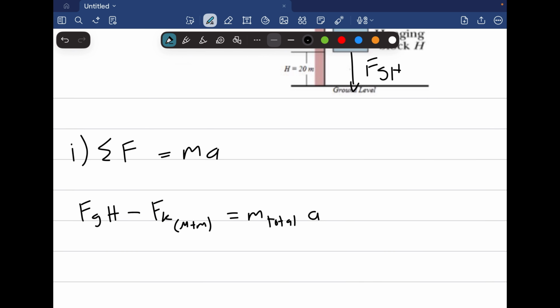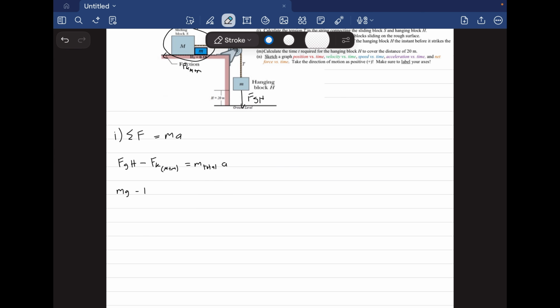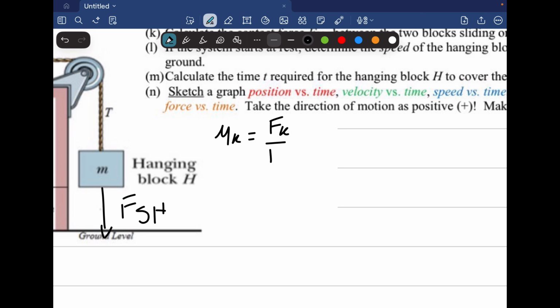So I'll keep expanding this. So this is just mg minus, and then you know that I'll write right here, mu k is equal to fk over fn. Move this over, fk is equal to mu k fn, okay?